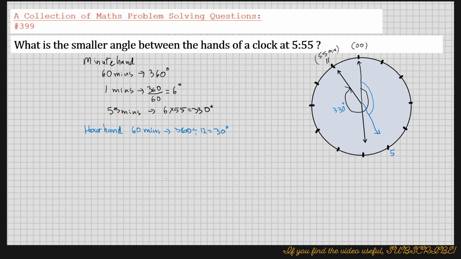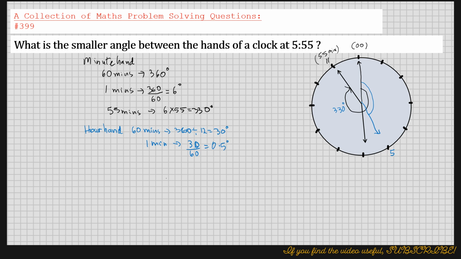So in 1 minute it would move 30 out of 60, that is half a degree, or 0.5 degrees.